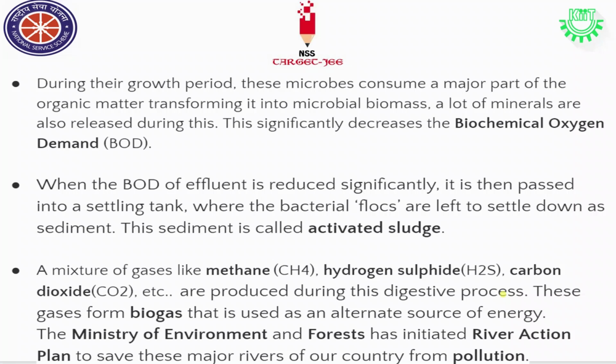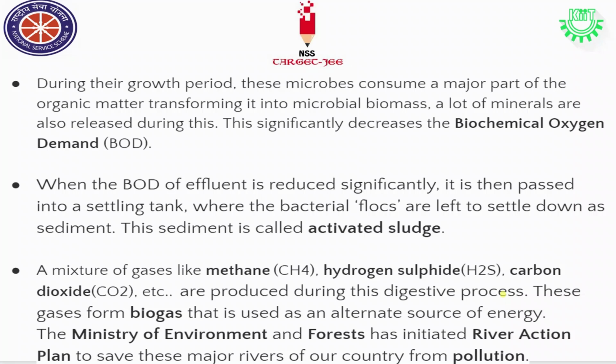The BOD test measures the rate of uptake of oxygen by microorganisms in a sample of water. Thus, indirectly, the BOD measures the organic matter present in the water. Greater the BOD of the wastewater, more is the polluting potential. Remember this, greater the BOD of wastewater, more is its polluting potential.